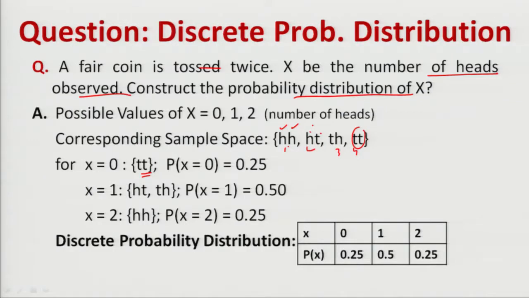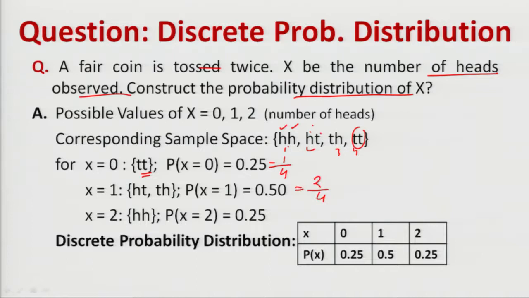So, this equals 1 by 4 or 0.25. One head occurs when first time head, second time tail, or in the next case first time tail and second time head. In both cases one head occurs and their respective probability is 2 upon 4.